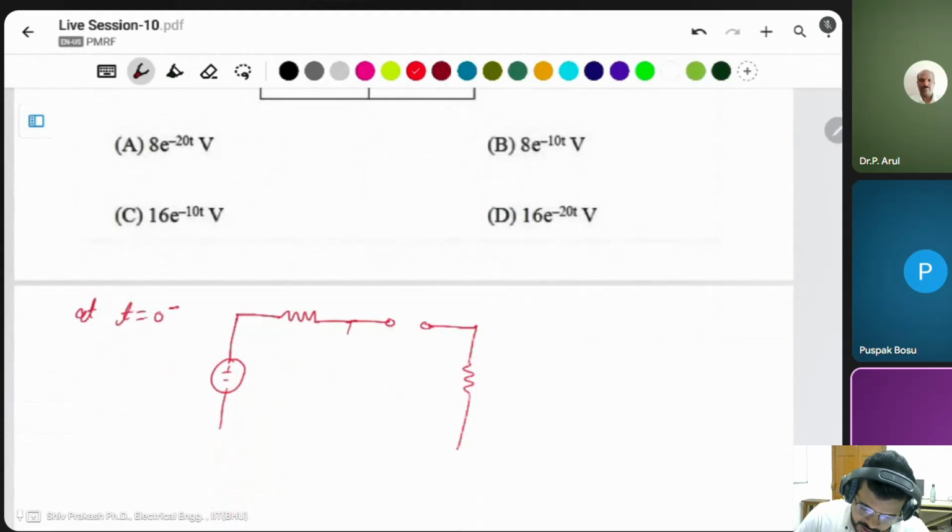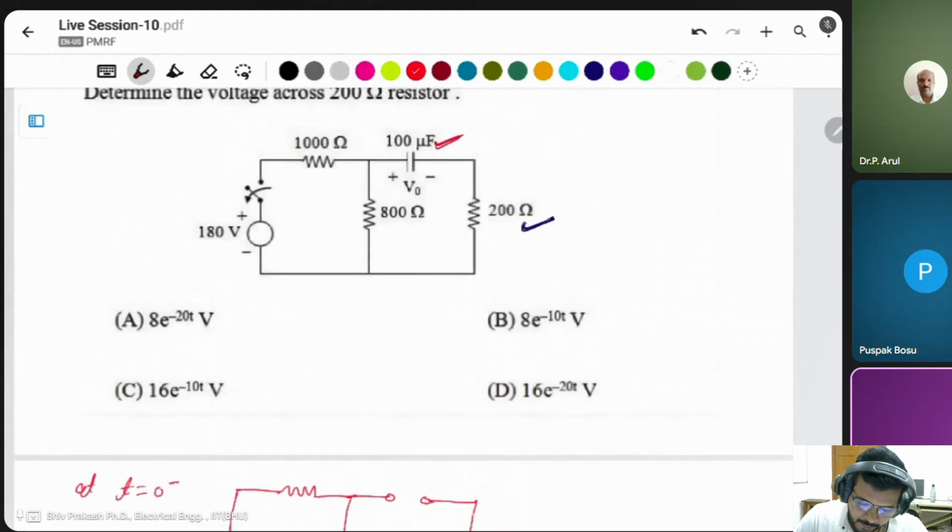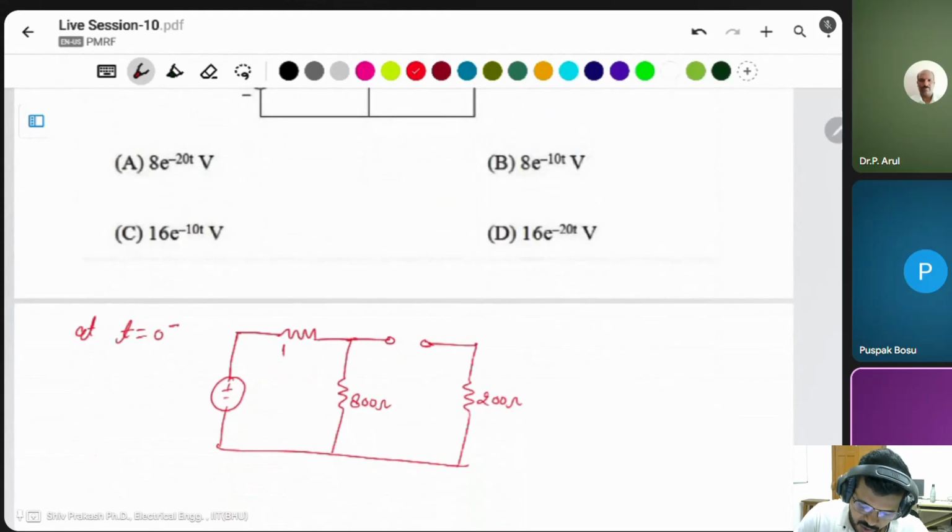Then a resistor here of 800 ohm. This will be 1000 ohm. This will be 180 volt. We have to find this voltage VC.